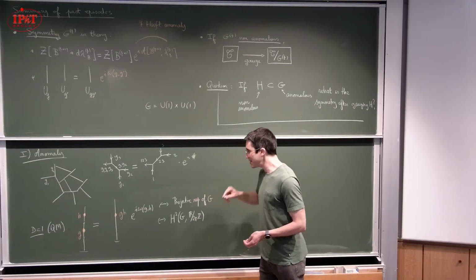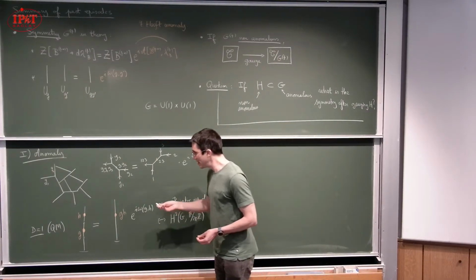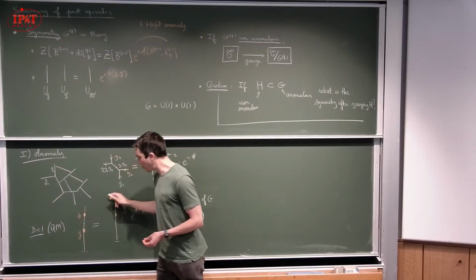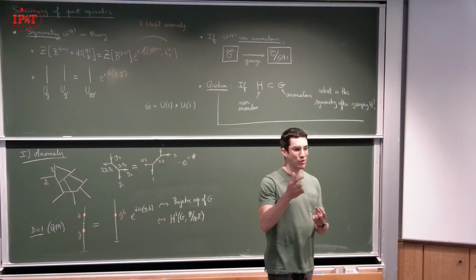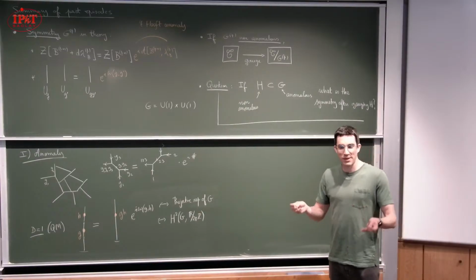And at the very end, I argued that the partition function here or here is a complex number up to a phase. What is a complex number up to a phase?